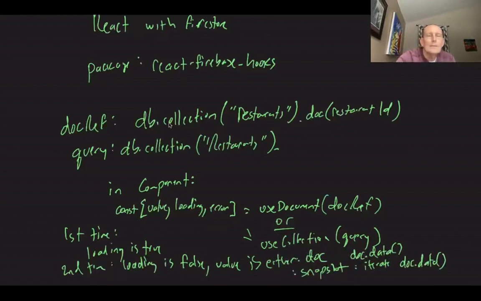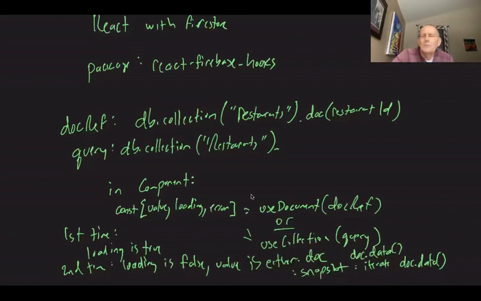The key thing is this re-rendering is going to happen automatically. So basically what's happened is use document and use collection both register a listener. Whenever the listener is called, that's going to cause the component that has the hook in it to re-render, and you're going to get a new value. And if there's some sort of an error, like for instance you're missing an index, that might be one example, then you're going to actually get an error in the error return from the hook.